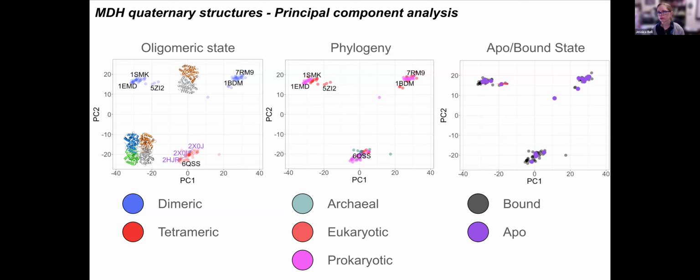They can be in the apo state, which is the purple, or in the black, which says there's something bound to it, and they divide between the two. And so suggesting again, it could be just how we've captured it and may not be totally reliant on just having the ligand present there. So it's not an easy justification for why we have these different clusters, especially across the dimeric states. So there's some great questions in there and more things to delve into in terms of structure.